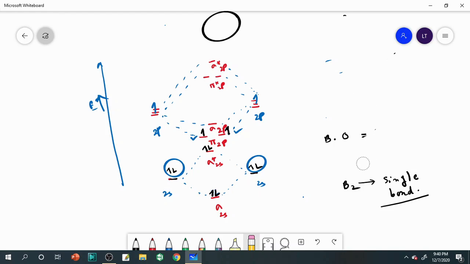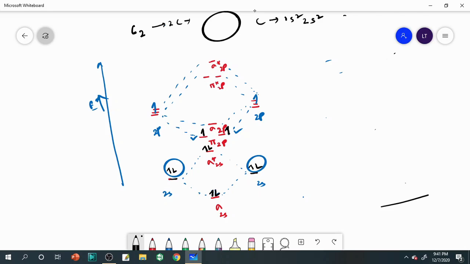Carbon has the electronic configuration 1s2, 2s2, 2p2, you know from your higher secondary knowledge. So, we are now considering the diatomic C2 species from 2 carbon atoms. Here an additional 1 electron is present in the 2p orbitals, and the remaining are the same.